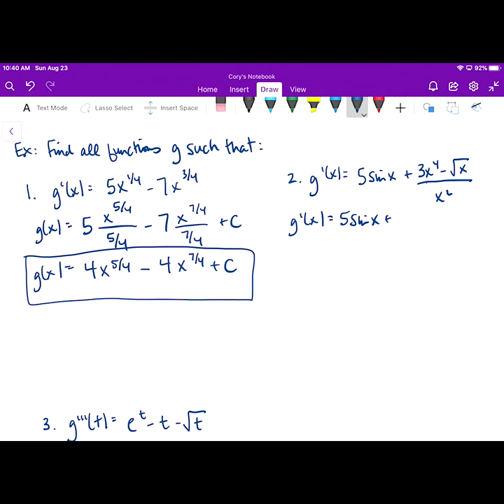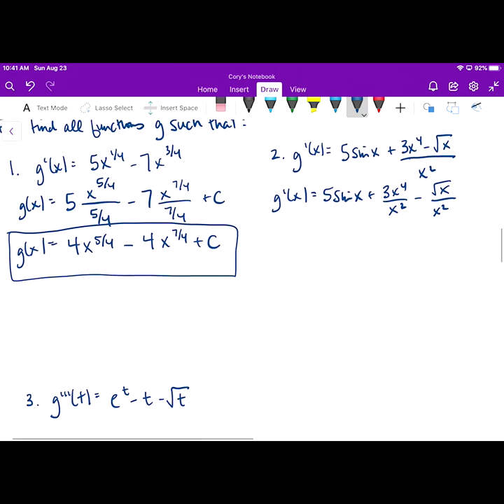The first fraction I can rewrite as 3x to the 4th power over x squared. The second fraction is going to be rad x over x squared. When I separate that quotient into 2 fractions, then I can simplify them.